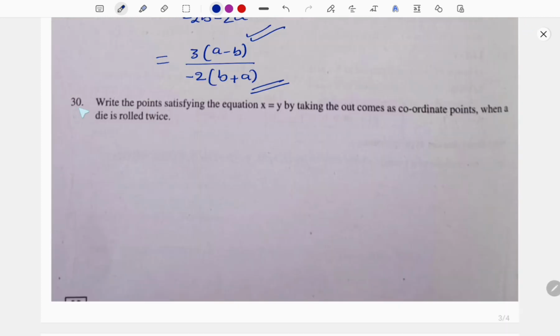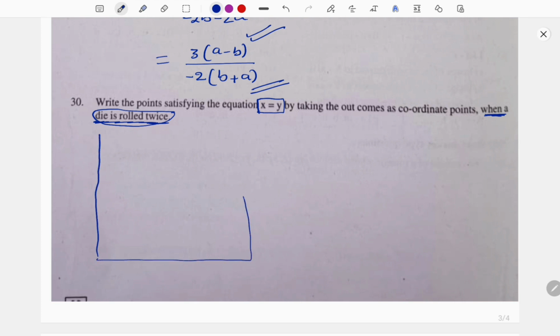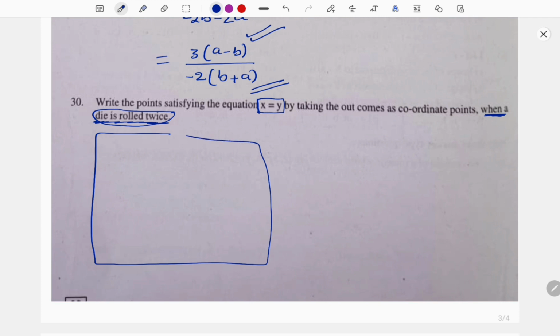See Nanna, in the 30th question: write the points satisfying the equation x is equal to y. These two should be equal. Taking the outcomes as coordinate points when a die is rolled twice. Suppose 2 times a die is rolled, what are the possible outcomes? You know already, in probability we can get this one. In probability we can discuss 2 dice rolled twice.